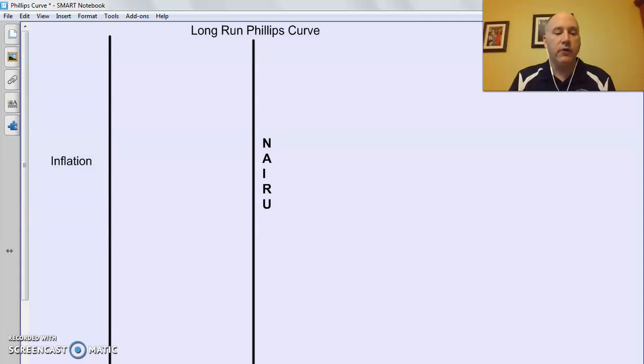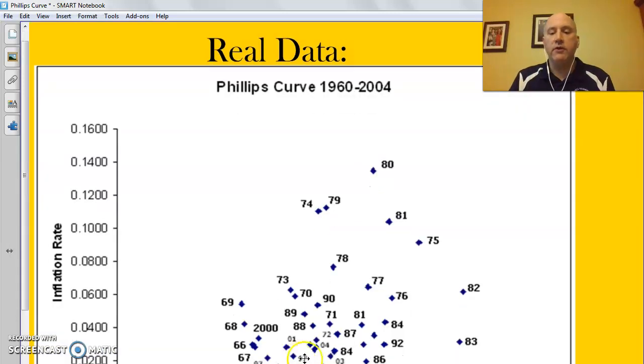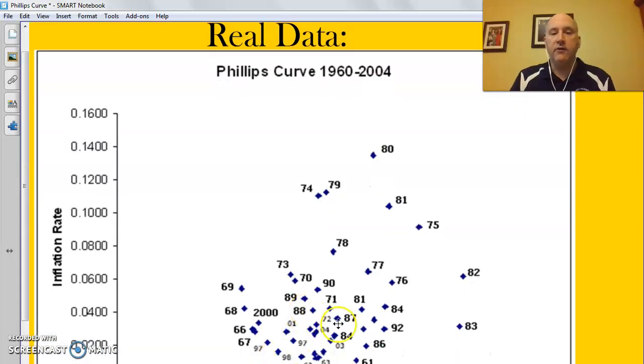The truth is, though, that when we look at the actual data, and here's the data of unemployment and inflation from the 60s all the way to the 90s, you could see that it's scattered everywhere. For example, when Reagan became president in 1980, inflation was 13%, and unemployment was at 7%, which isn't good. It's out of the range.